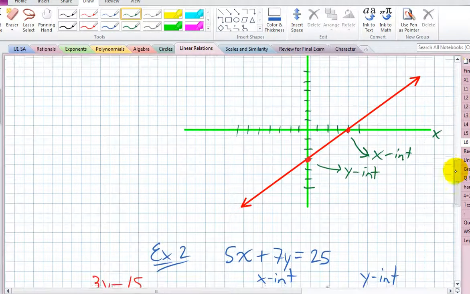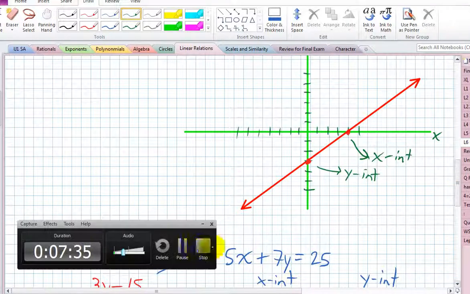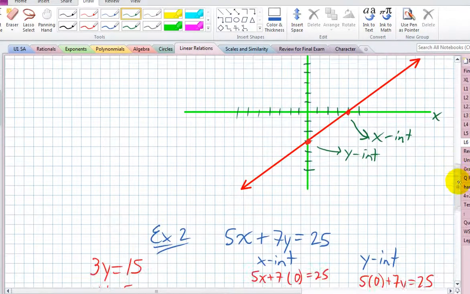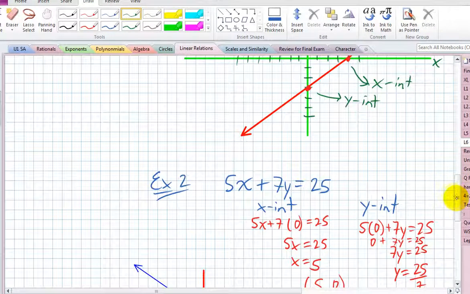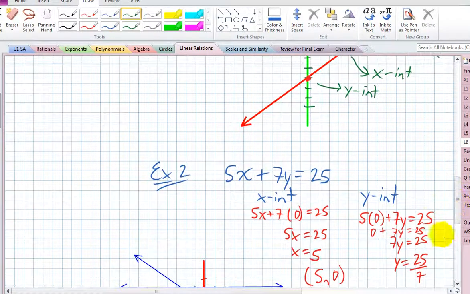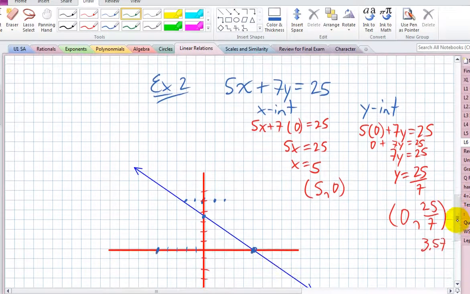Okay, so I want you to graph 5x plus 7y equals 25. Start by finding the intercepts. Go. Okay, so for your y-intercept, you should get 25 over 7 as a fraction. Okay.